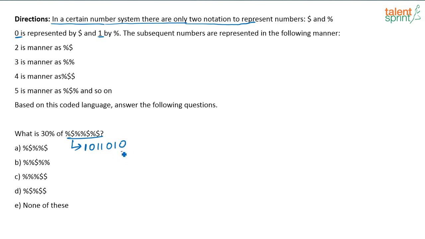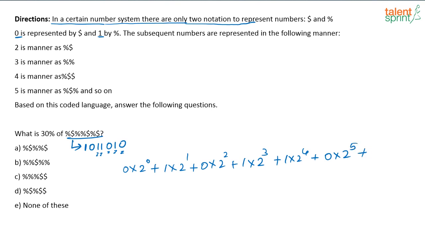Find that out. 0 into 2 to the power 0 plus 1 into 2 to the power 1 plus 0 into 2 to the power 2 plus 1 into 2 to the power 3 plus 1 into 2 to the power 4 plus 0 into 2 to the power 5 plus 1 into 2 to the power 6. When you write it down, you needn't even write the terms where 0 is coming, because you know the answer there is going to be 0. You will need only the other terms.